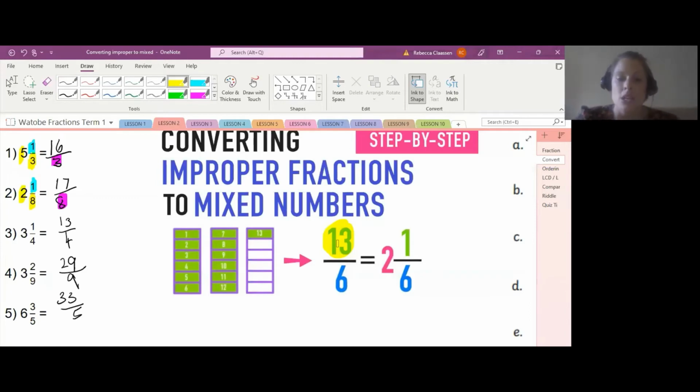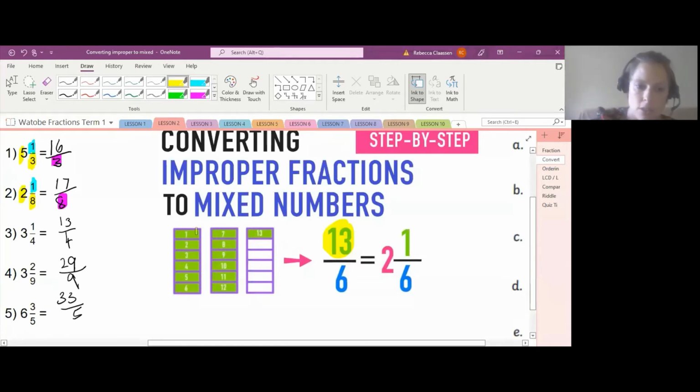All right. So what that means is that we have 13 out of 6 pieces of chocolate. Here I've got one chocolate cake, and I've cut it into 6 slices. There's 1 slice, 2, 3, 4, 5, 6 slices. Because I've still got more slices to hand out, I'm going to have a second cake.